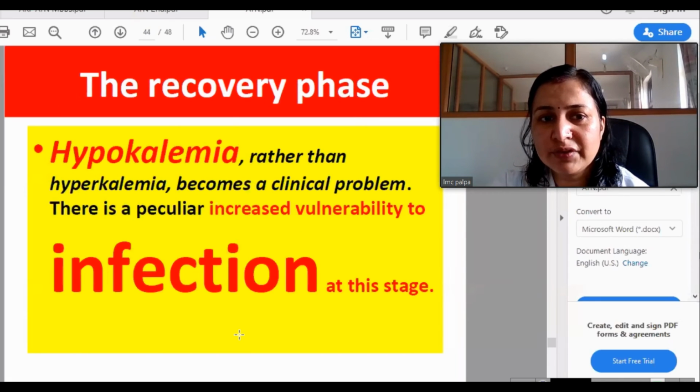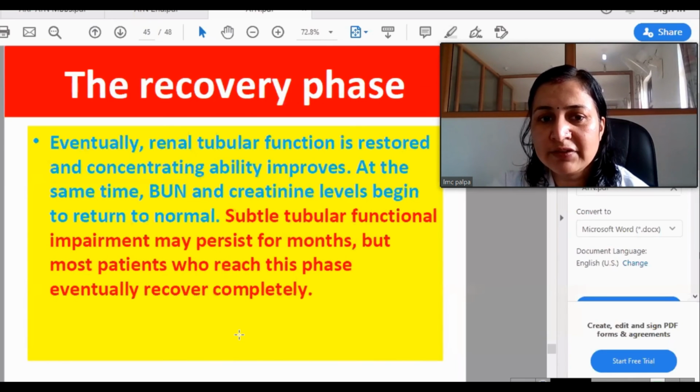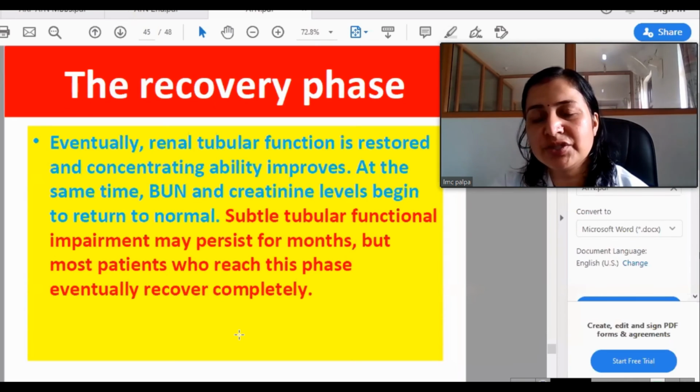So in the recovery phase, the potassium which was high in the maintenance phase comes down because it is getting lost in urine, so there will be hypokalemia, and the patient is very vulnerable to infection, so we have to save the patient from infection in the recovery phase.